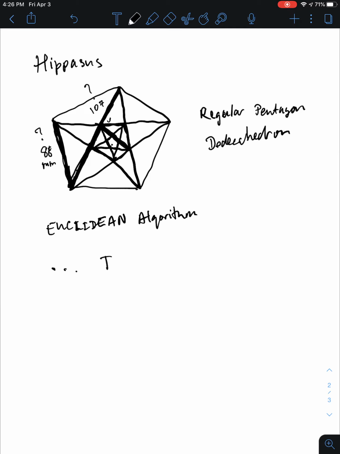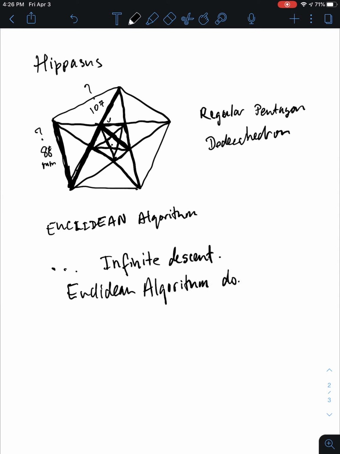And what Hippasus realized is that we are in something called an infinite descent. And an infinite descent is a huge problem. It means that the Euclidean algorithm doesn't stop. So it's not really an algorithm. It doesn't stop.